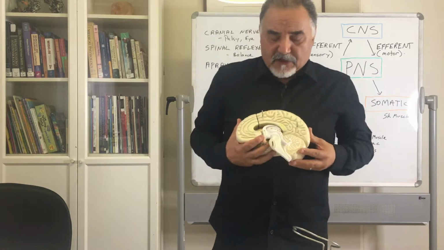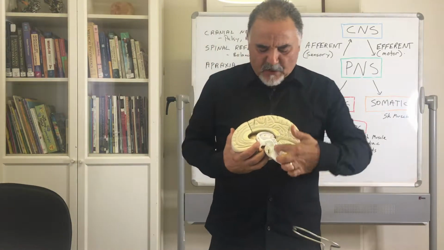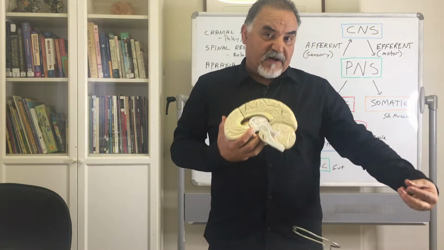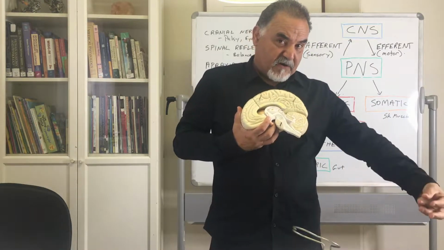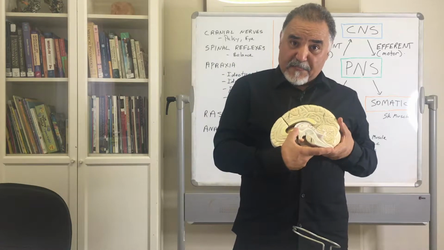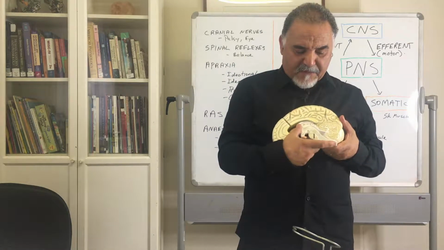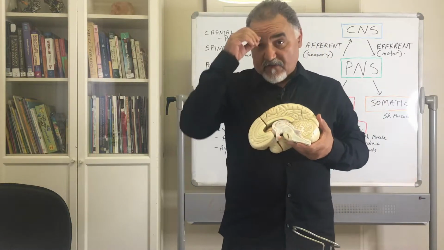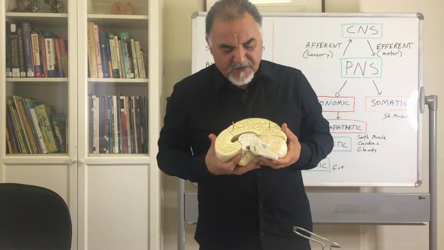A couple of things to notice here. This white bit would extend further down, and this is your spinal cord. The top of your spinal cord is the brainstem, and the brainstem has three separate regions that we can divide it into.